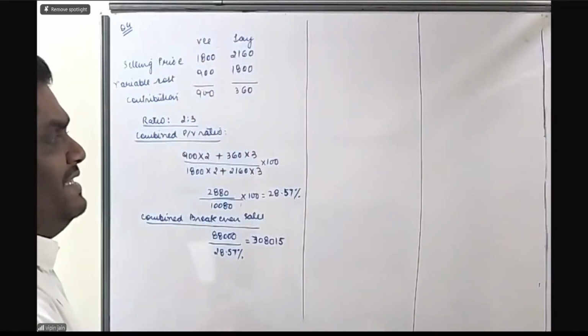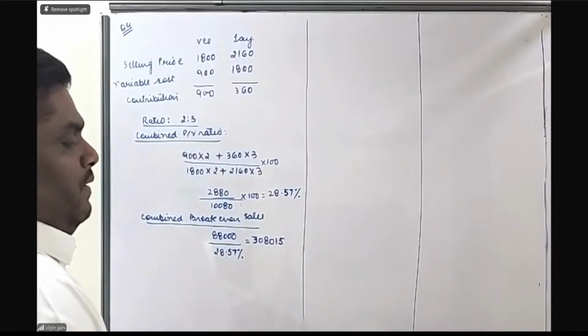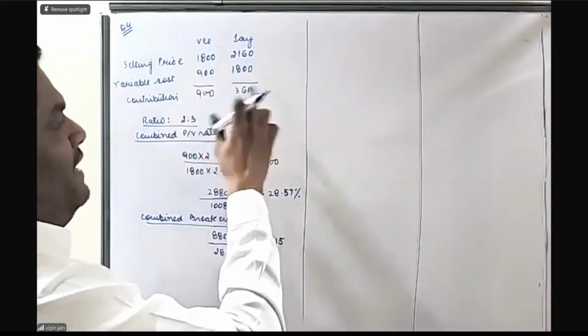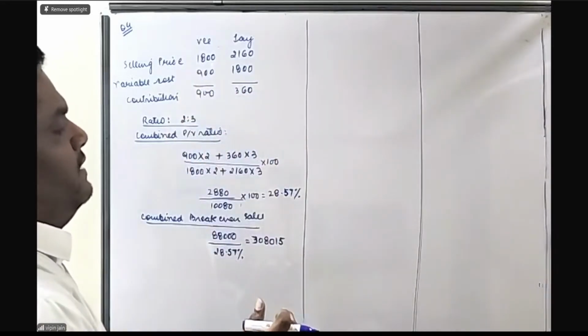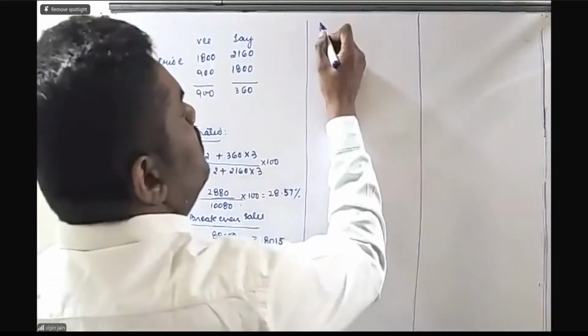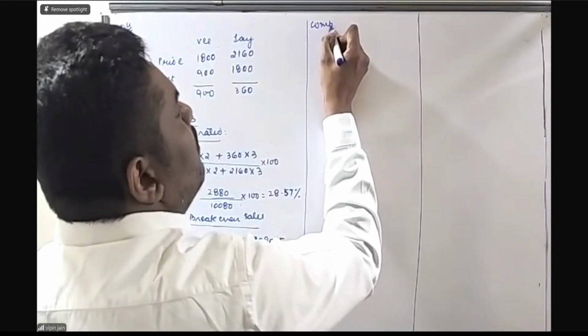So now we can easily calculate the break-even sales of V and J in rupees also.